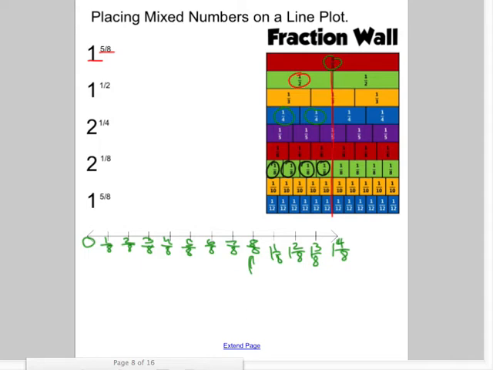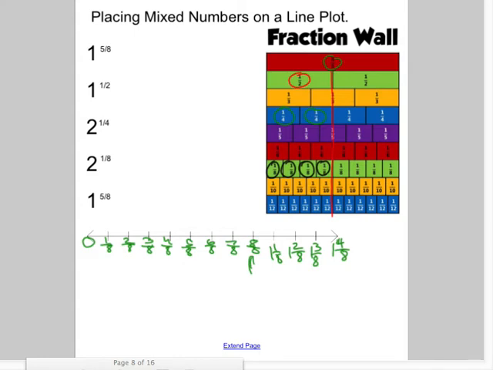Now your job is to try to guess where these things would fit. Does anybody know where you could place any of them? I'll give you a hint. There's only one that you can place right now.